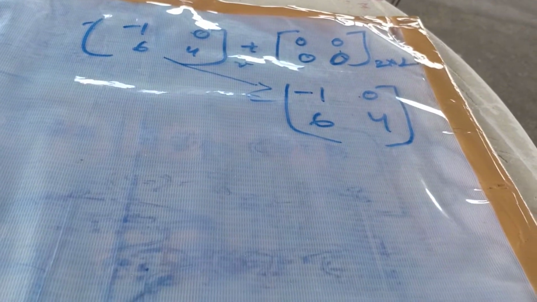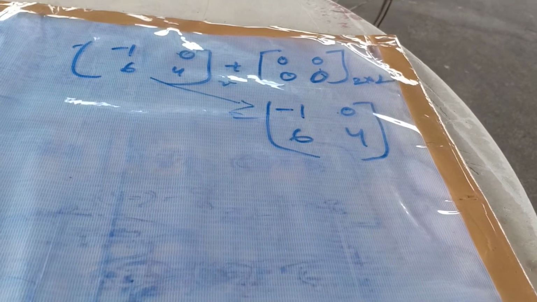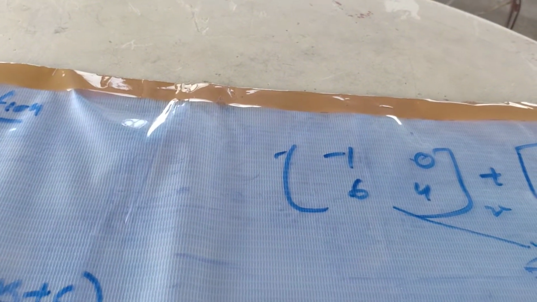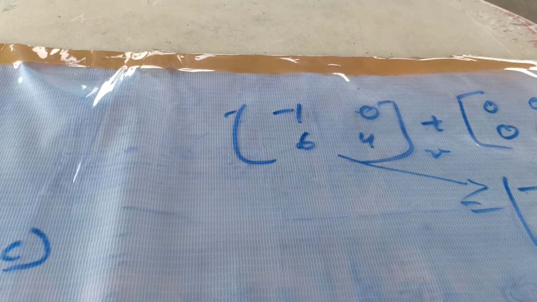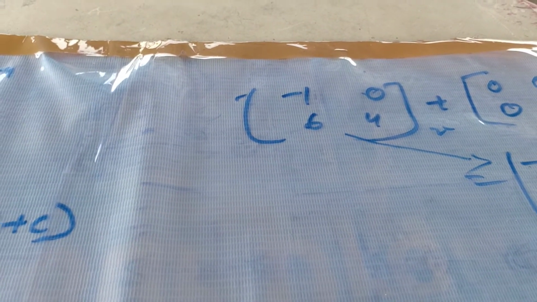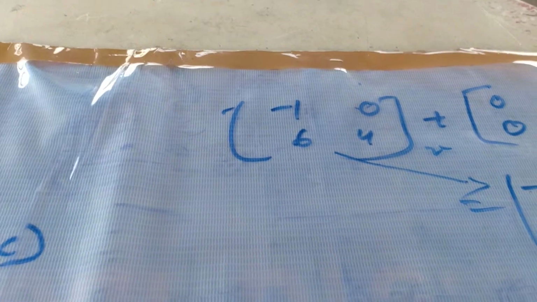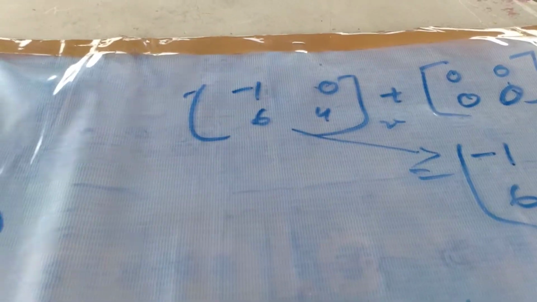This is all about that. Then there is another property that is called the inverse property. So what is that inverse property? Let us discuss. Suppose A is a matrix, same example I'll take, -1, 0, 6, 4.